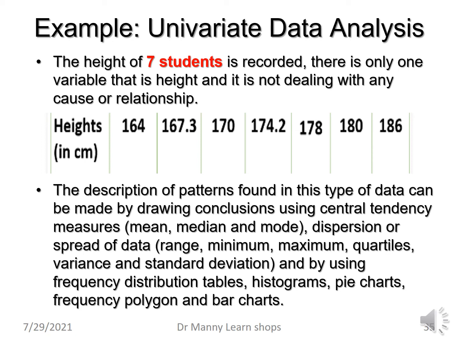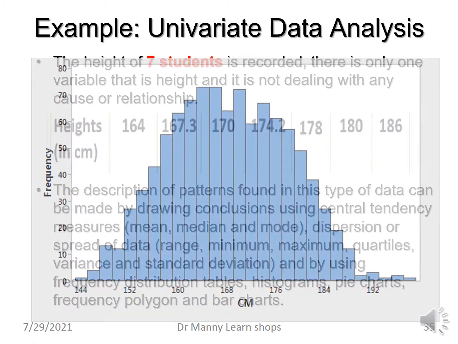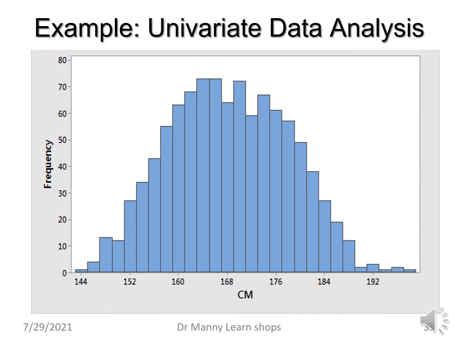Dispersion or spread of data can include range, minimum, maximum, quartiles, variance and standard deviation. And frequency distribution tables, histograms, pie charts, frequency polygons and bar charts can be used to demonstrate. Here's an example of a histogram.